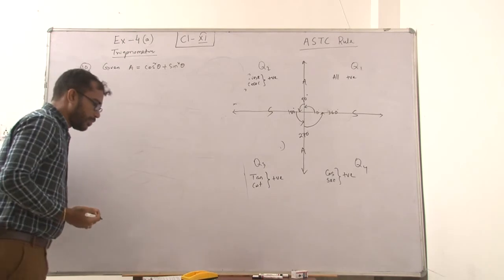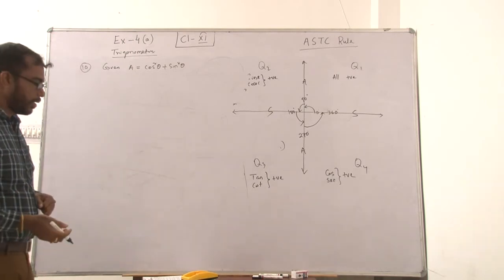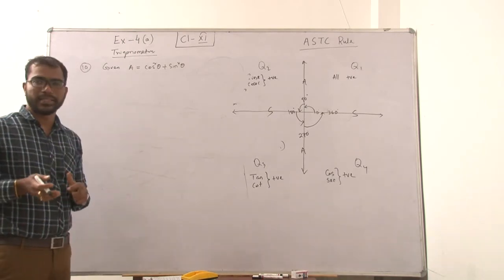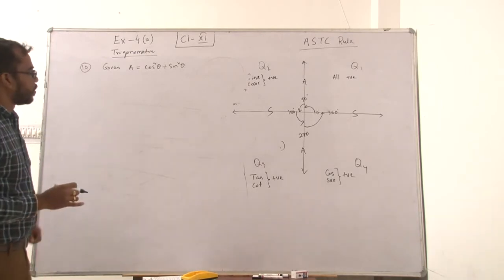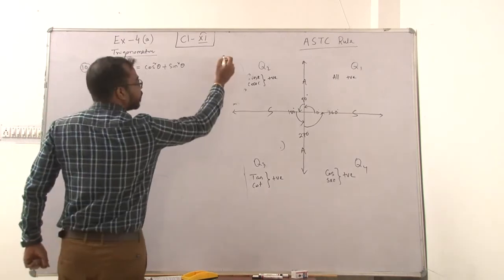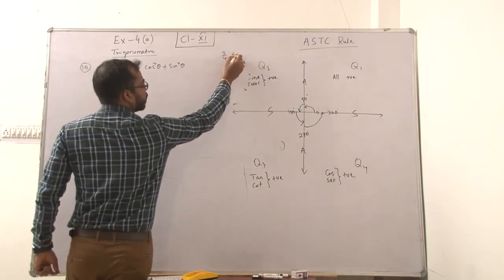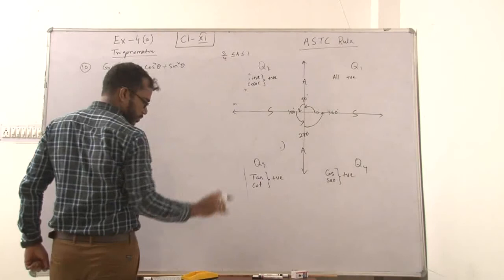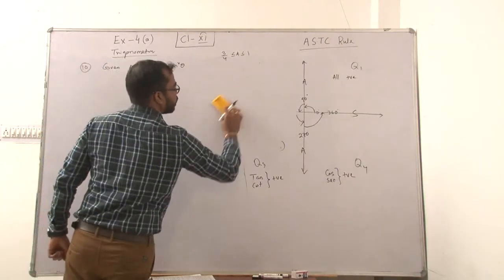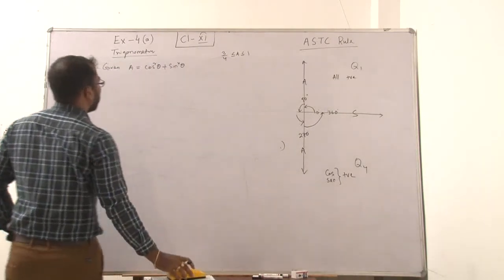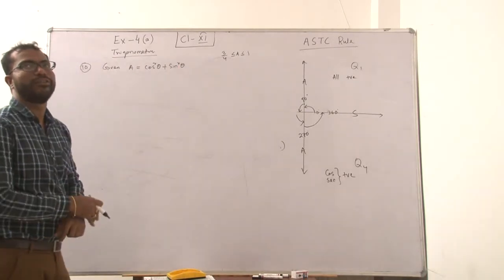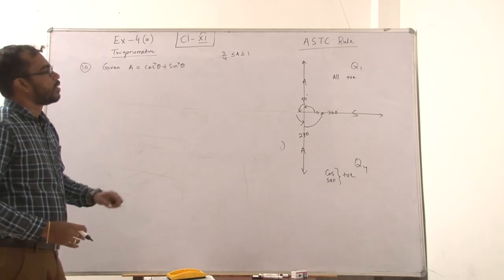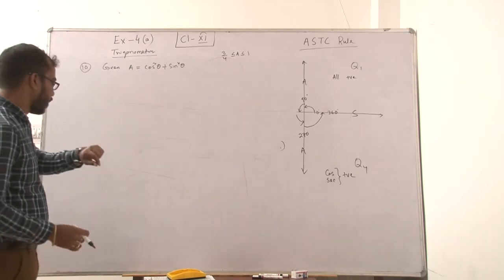We have to prove that for all values of θ, 3 by 4 is less than or equal to A, which is less than or equal to 1. So this is the given value, and we have to prove that 3 by 4 ≤ A ≤ 1.